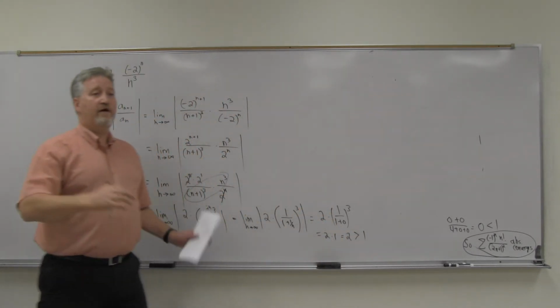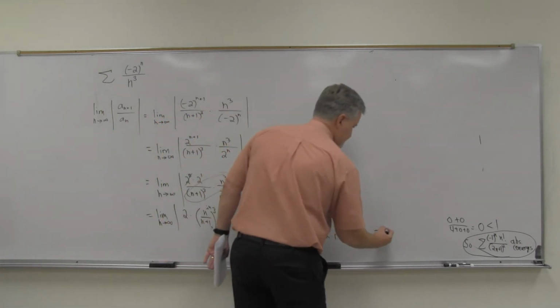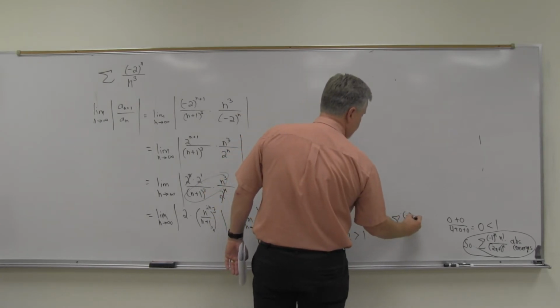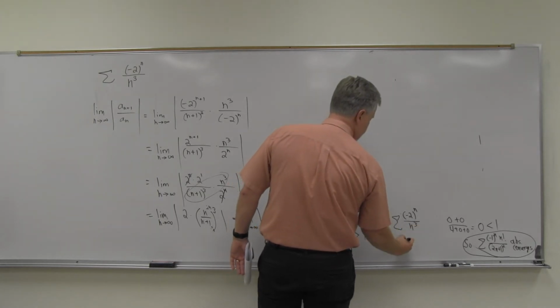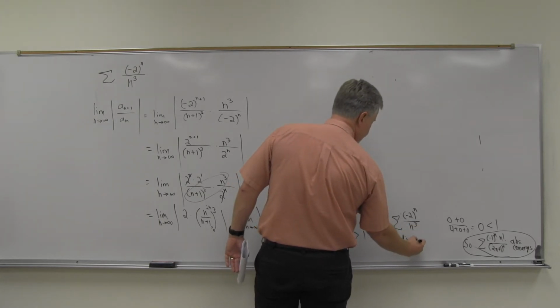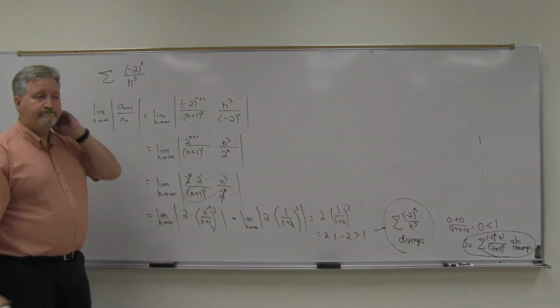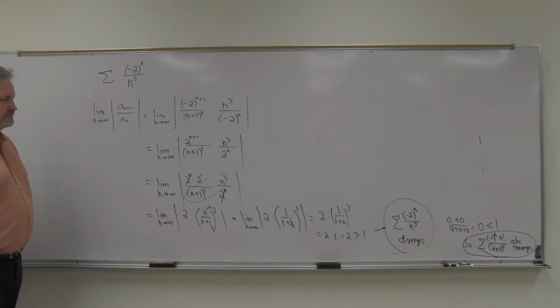And anytime you have greater than 1, the series diverges. So our series there diverges by the ratio test. Okay? All right, so I did want to show you one where you can use that technique.